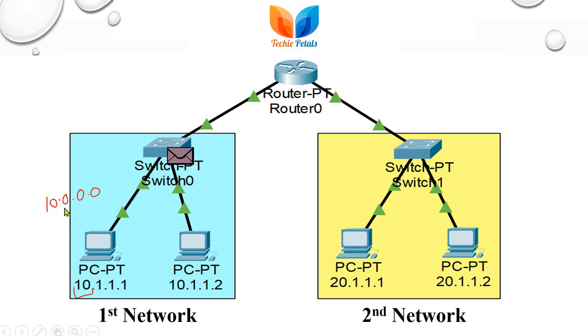As we all know, if the host bits are 0, then we get the network ID, and for this network, as the network ID is 20.0.0, the network address will be 20.0.0.0.